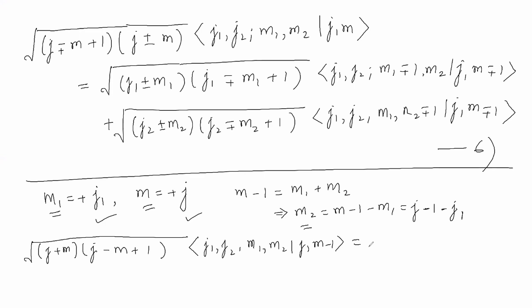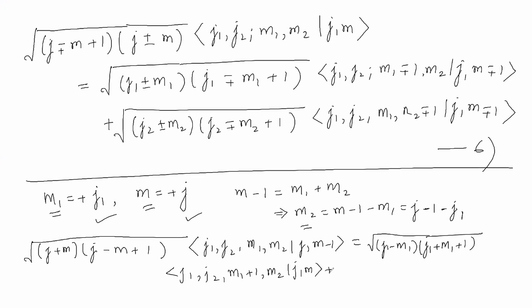This is equal to square root J1 minus M1, J1 plus M1 plus 1 times J1, J2, M1 plus 1, M2, Jm, plus J2 minus M2, J2 plus M2 plus 1, and similarly for this part.